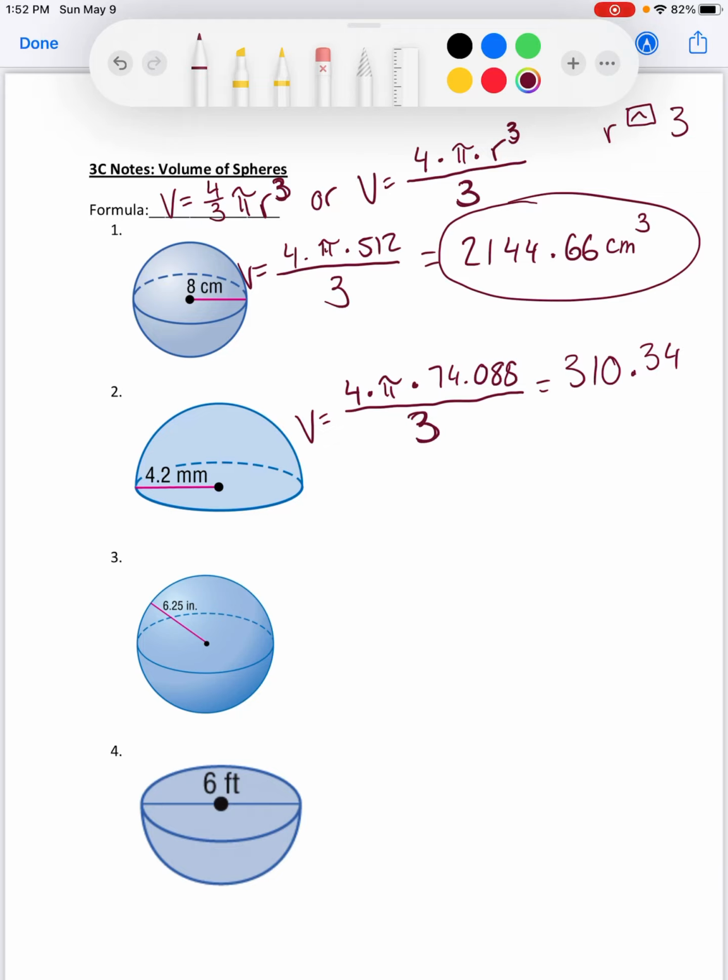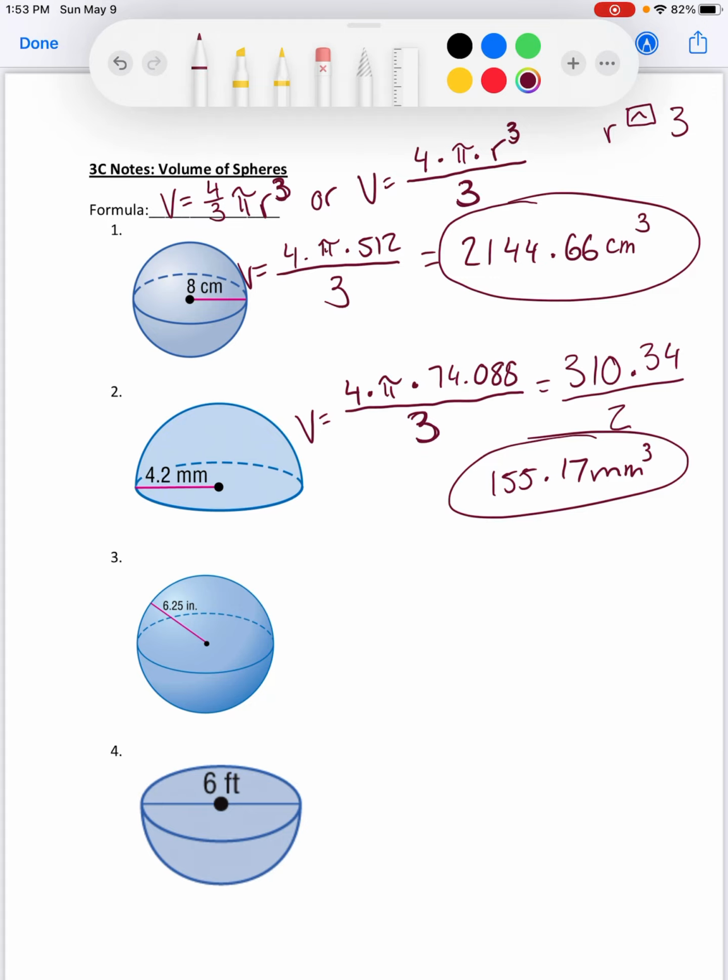We have a hemisphere. So we're going to want to divide that answer by 2. So divide by 2, which would be 155.17. 155.17 millimeters cubed. All right.